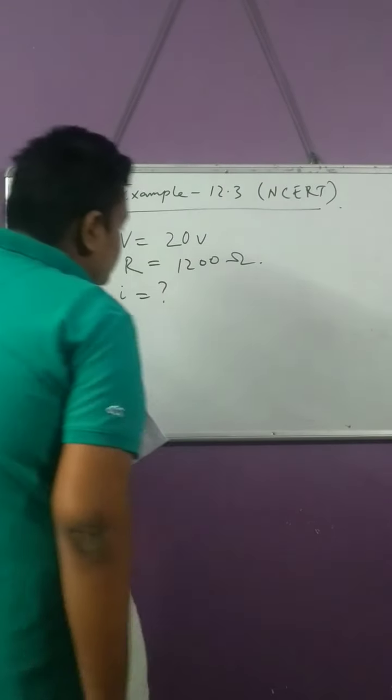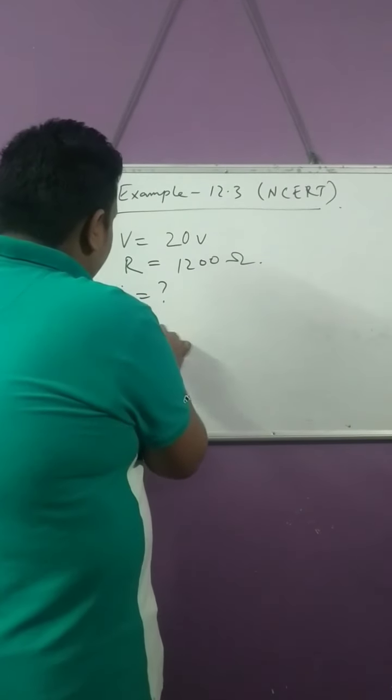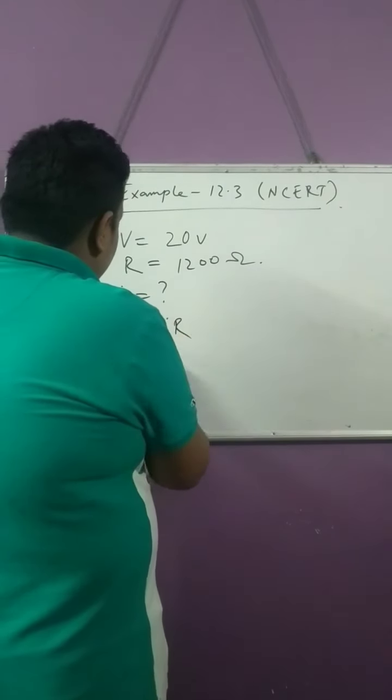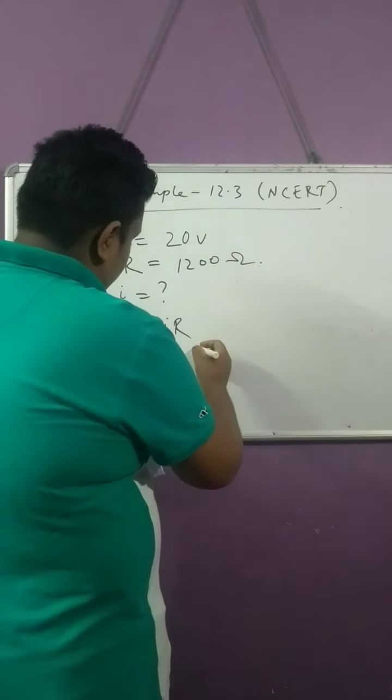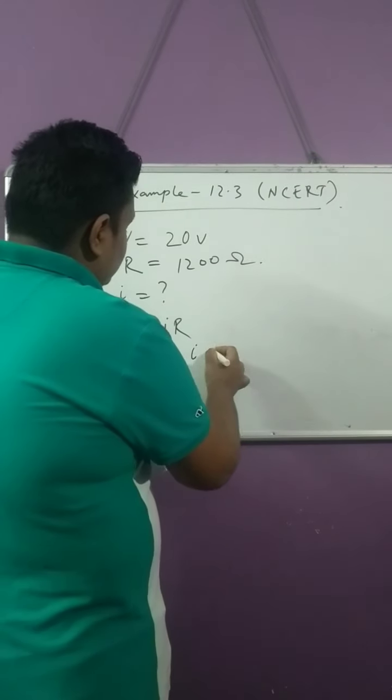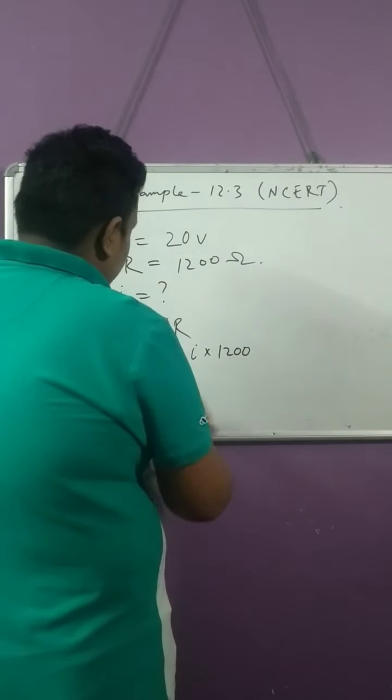So simple, we will use the basic definition, V equal to IR. Now just put the values. V is 220 volt, I we don't know, and R is 1200.